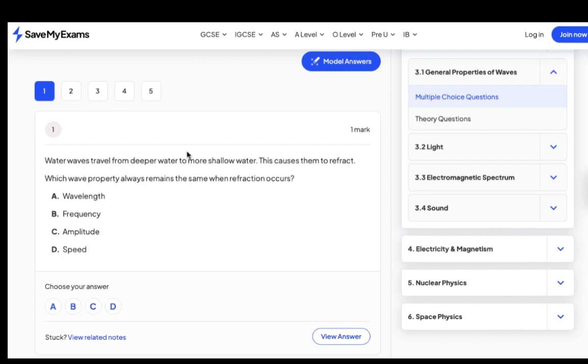Water waves travel from deeper water to more shallow water. This causes them to refract. Which wave property always remains the same when refraction occurs? A. Wavelength, B. Frequency, C. Amplitude, and D. Speed.